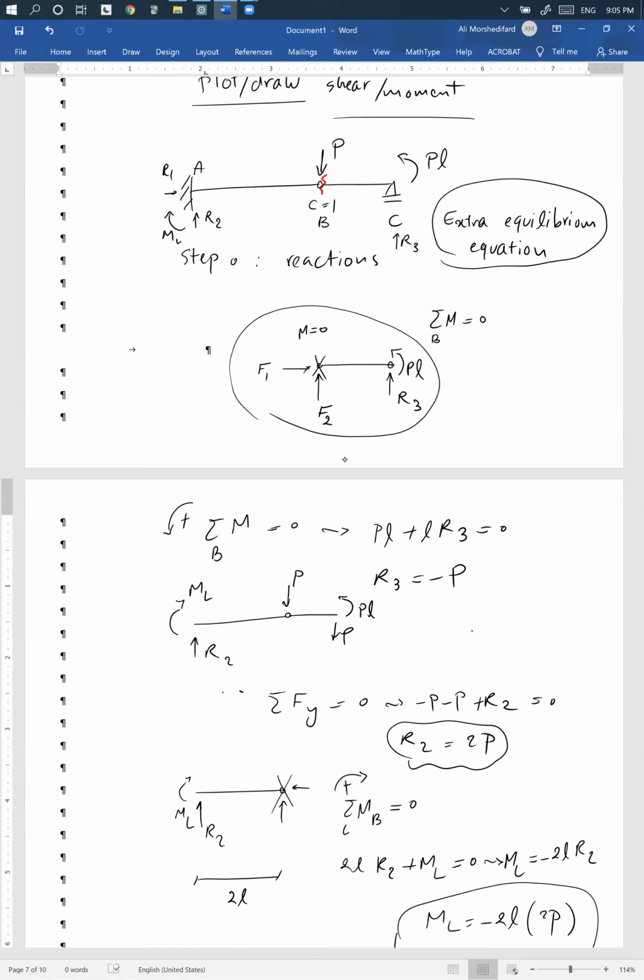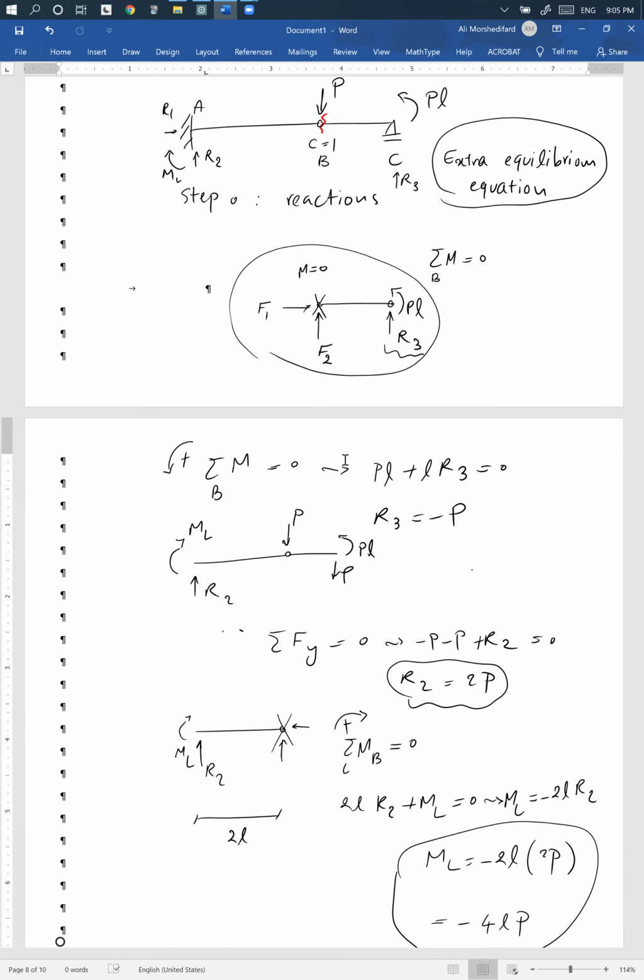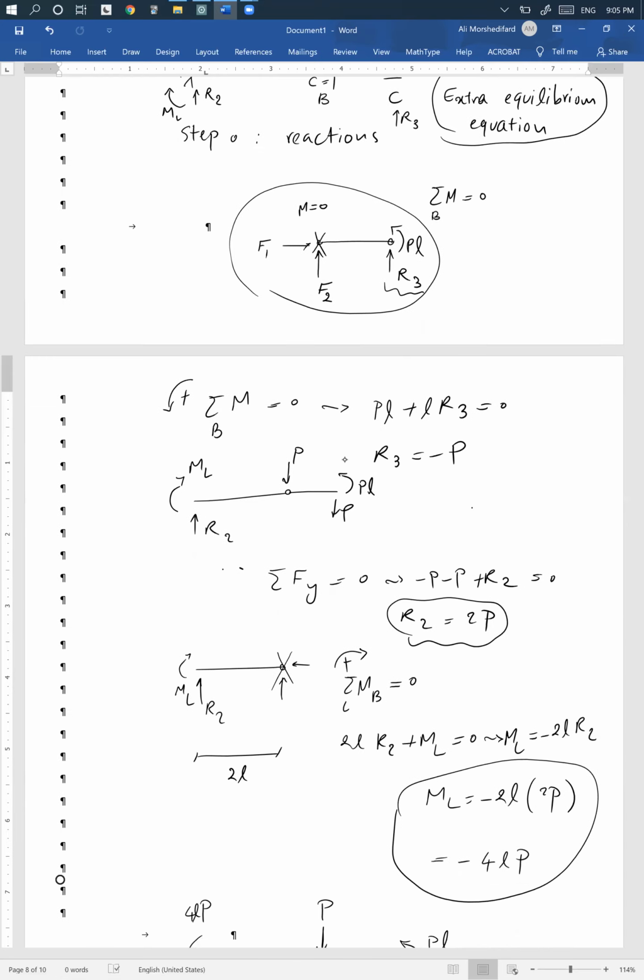So this was R3. Initially I assumed that R3 is upward. I calculated, I got R3 negative P. So it means that my initial assumption was the opposite assumption. So I can either put it like this, or I can change the sign and put it as P. And that's what I did. Does that answer your question, Brian?